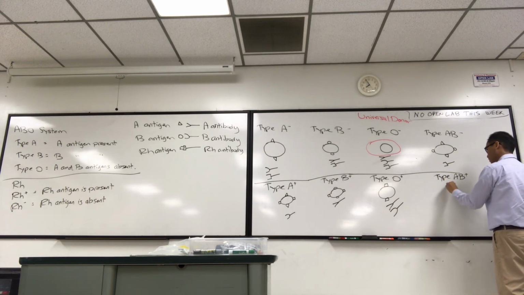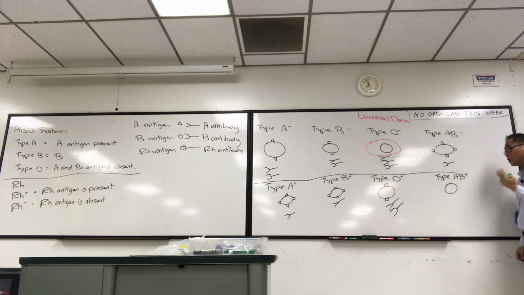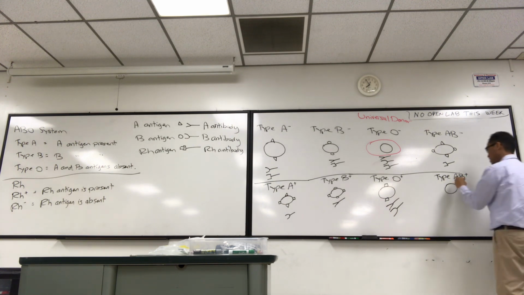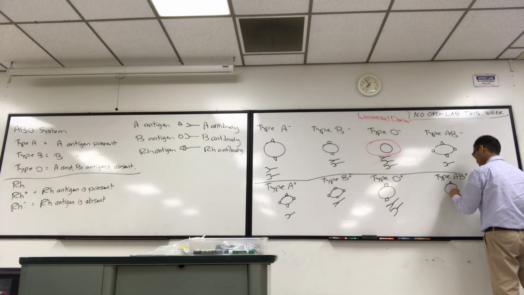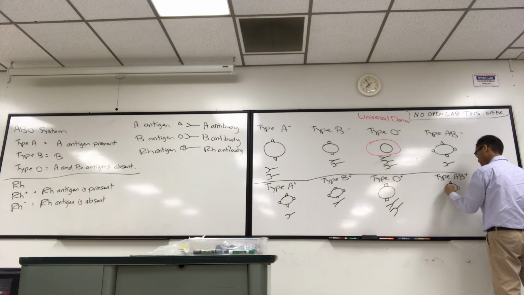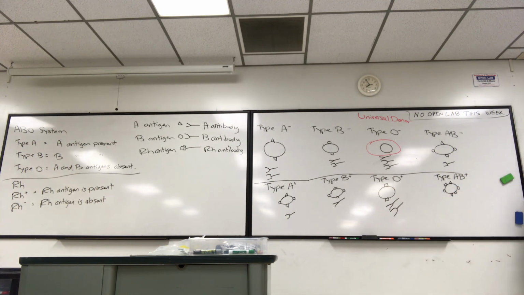We're going to have all three antigens present. The A's, the B's, and the RH. So I'm drawing triangles, circles, and squares.